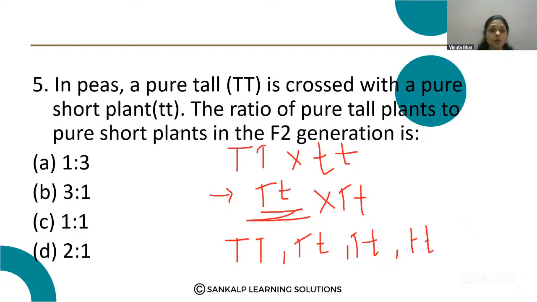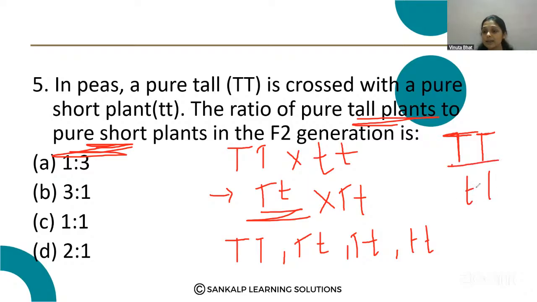So what is the question? The ratio of pure tall plants and pure short plants. Pure means having the same alleles, that is TT, the homozygous condition. If TT is there, that is pure. If small t small t is there, that is pure. If capital T, small t is there, that is not pure.